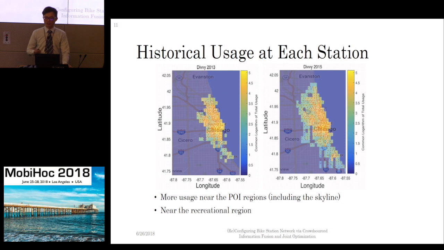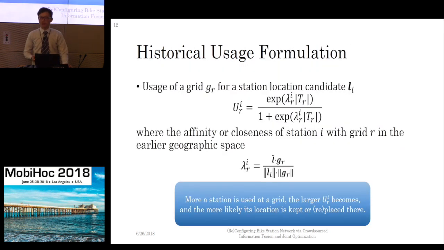So we will consider the historical usage here as an intuitive way to measure the importance. Specifically, we designed a metric to evaluate the usage of the grid for each station candidate. The physical meaning is that the more a grid is used, the more importance it will be given in our formulation.